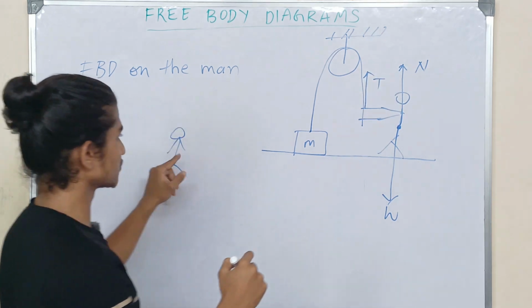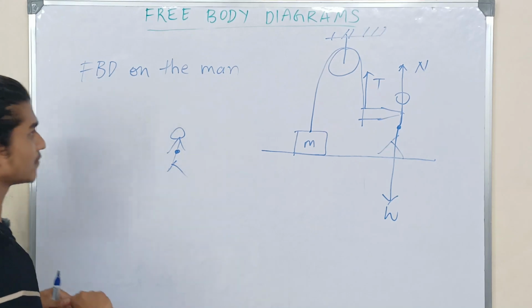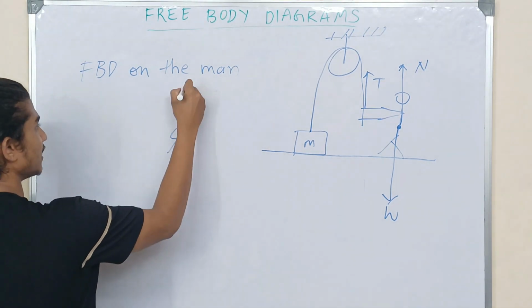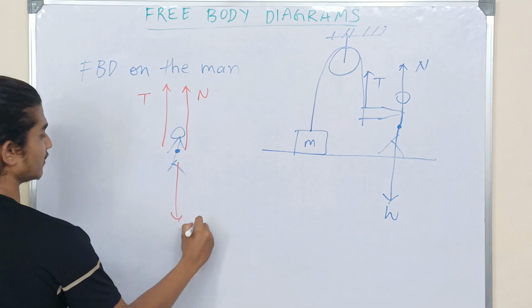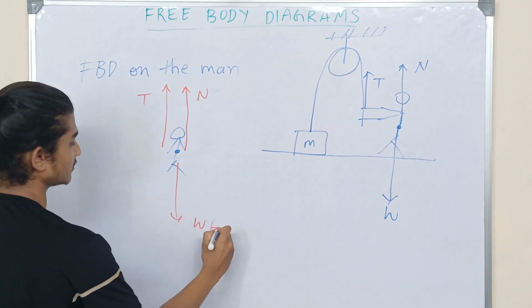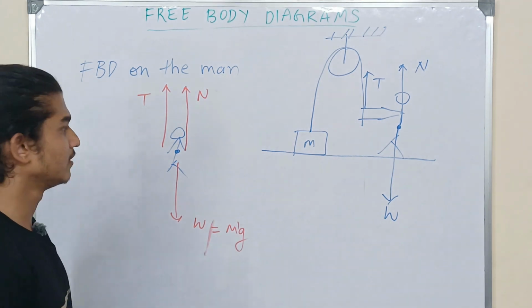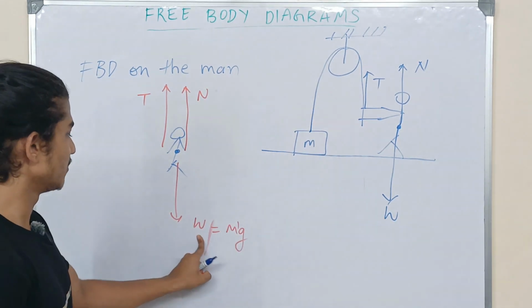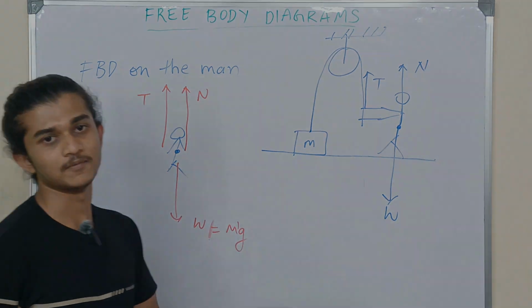All the forces, I'll merge them and write them at the center. So the FBD of this man is: this is N, this is T, and this is W, equal to M dash into g. I write M dash because the mass of the man, I have already taken M here. So W equals M dash into g. So this is the free body diagram of the man.